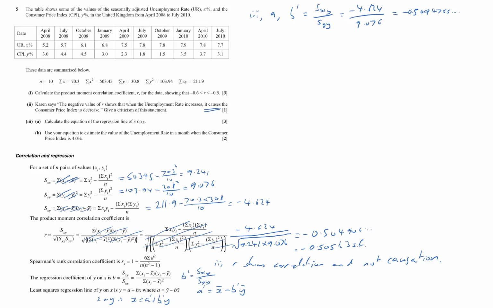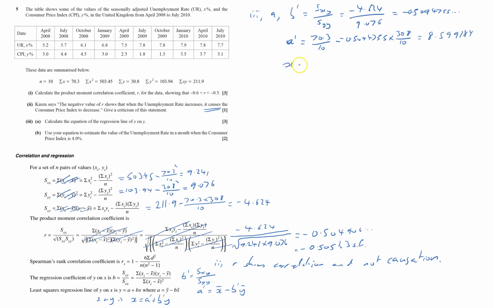So let's work out what b is, and now I need to find out what a dash is. And a dash is x bar, which is 70.3 over 10, minus b dash, which is that number there, negative 0.509475, times by y bar, and y bar is 30.8 over 10, and that equals 8.599184.